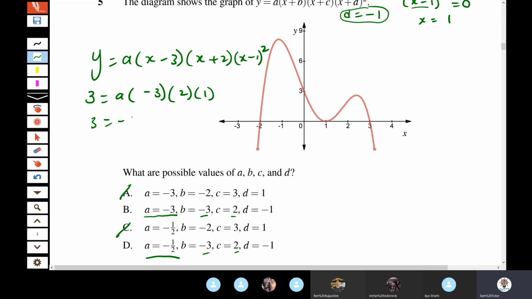So 3 equals -6a, which obviously means a is -1/2. So x and y intercepts, of course you're going to use them. Any questions there?